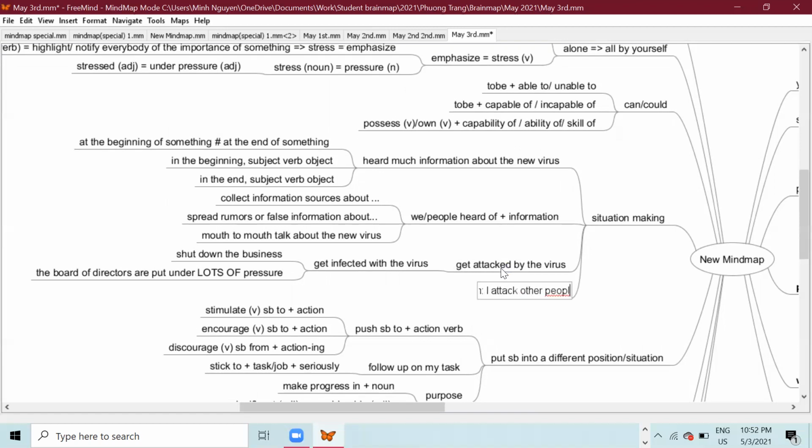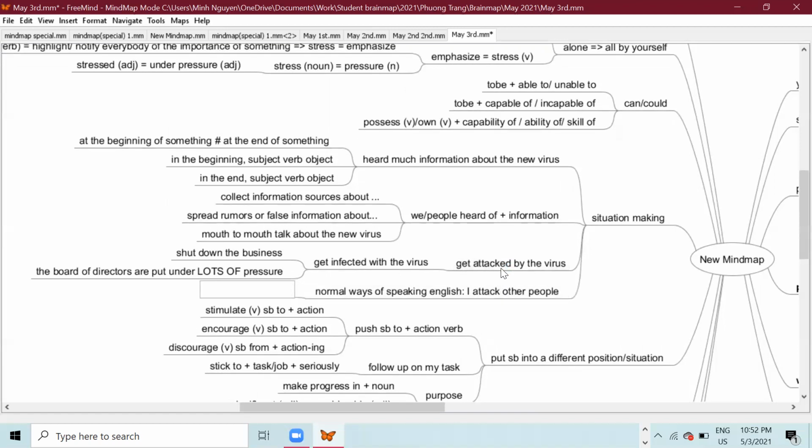But if you talk about things, objects, animals, or plants, please try to use to be verb 3 ed, or if you don't want to use to be verb 3 ed, you can use get and verb 3 ed, something like this.